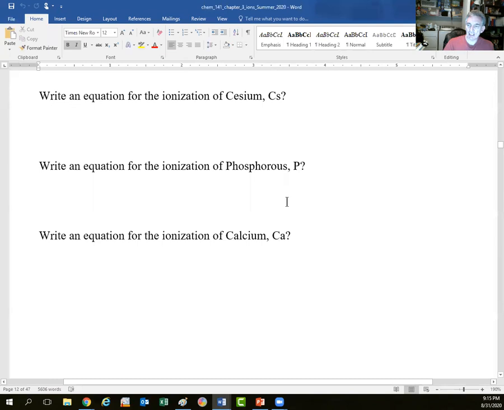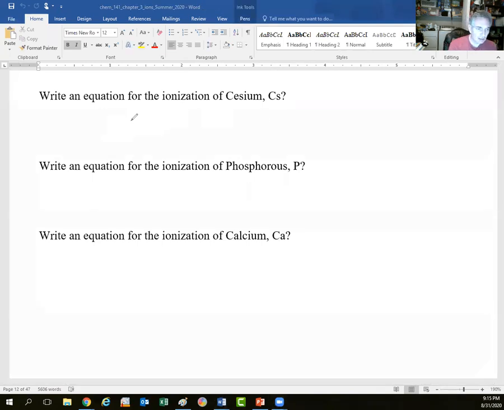It's going to lose that electron as it ionizes. So the cesium is chemically changing into a cesium ion. And that electron lost is shown at the end of the equation. Electrons lost or given up always appear on the right-hand side.